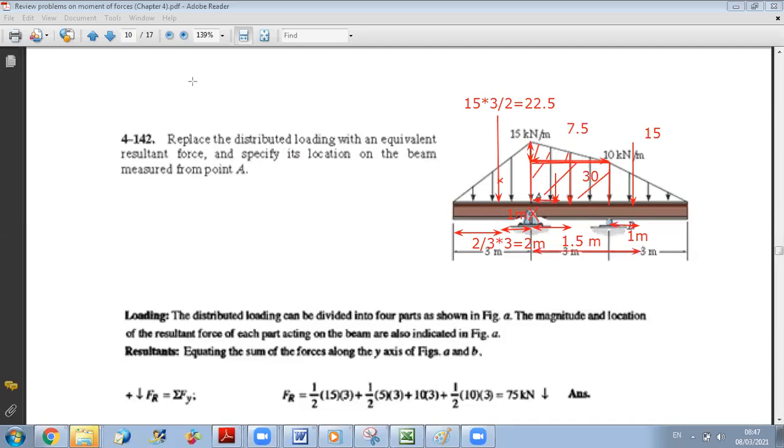Okay? Now, once I reduced my distributed load to several concentrated forces, now I can reduce my system to point A. The figure is a little bit confusing, this is why I will draw it for you again. So this is your beam, and point A is here.